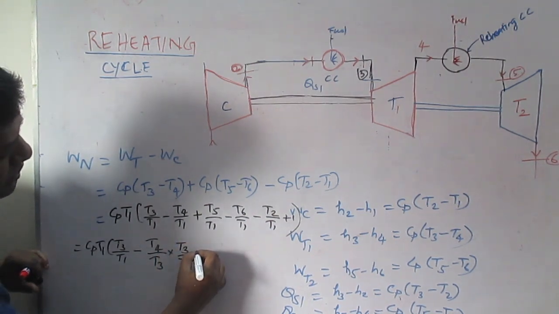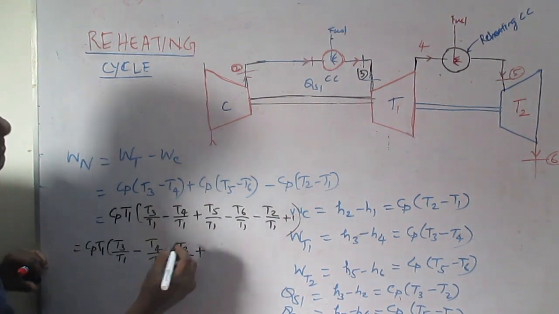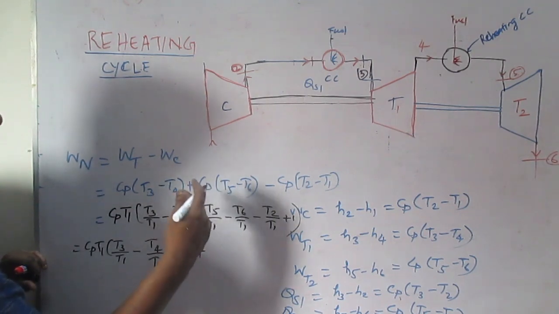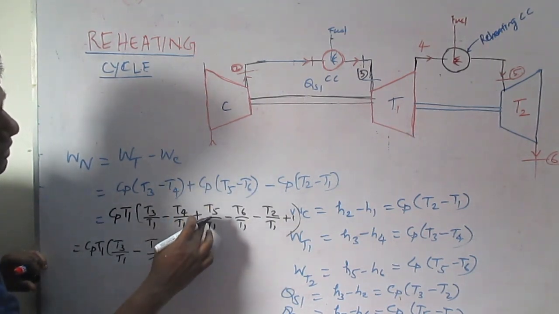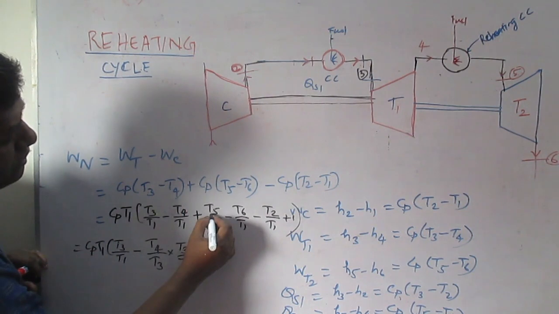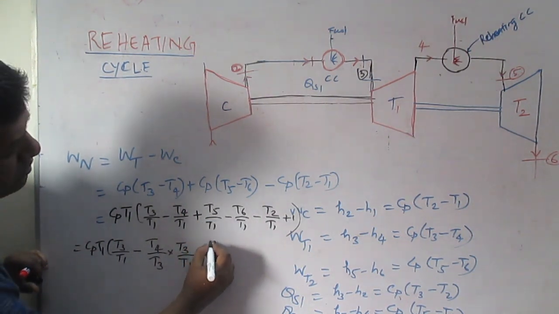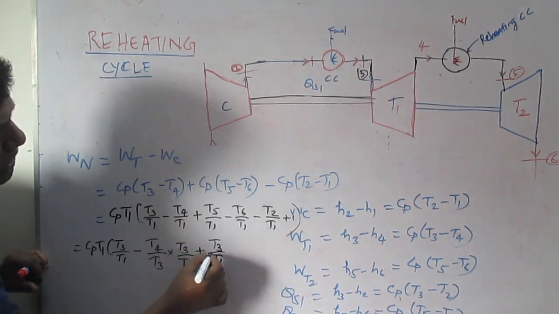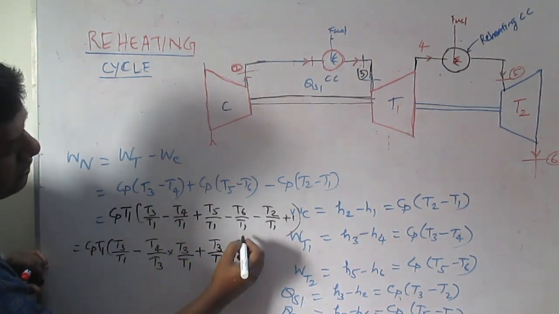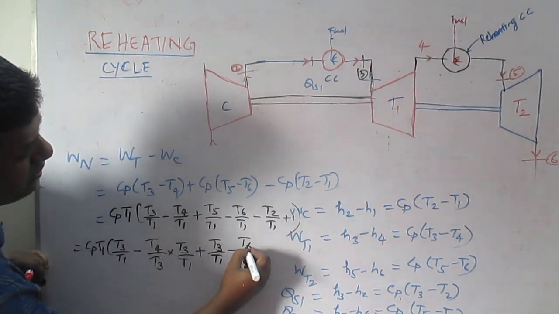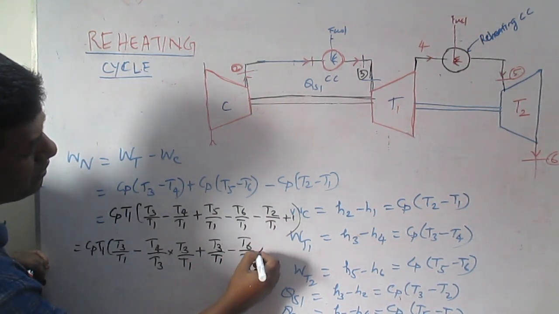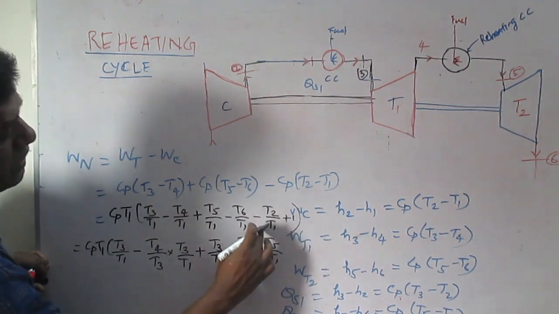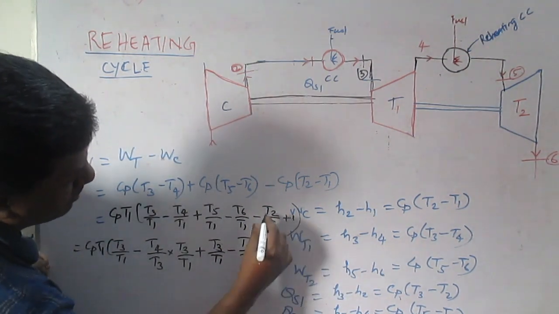Plus T5 by T1. For the perfect reheating, T5 will be equal to T3. So this temperature has been replaced, T3 minus T6 by T5 into T5 by T1.